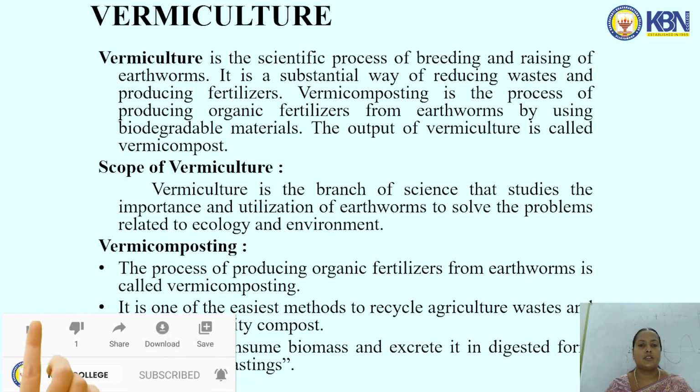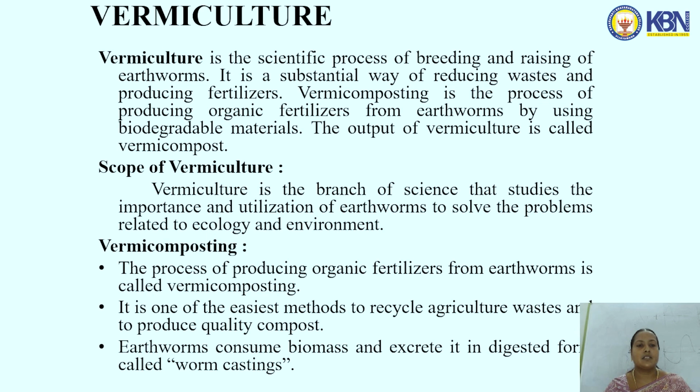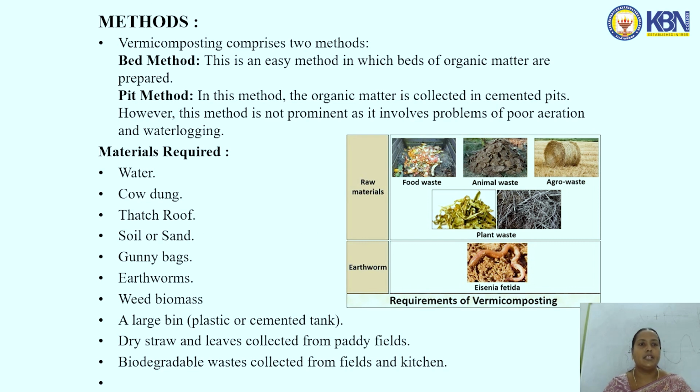Vermicomposting. The process of producing organic fertilizers from earthworms is called vermicomposting. It is one of the easiest methods to recycle agriculture waste and to produce quality compost. Earthworms consume biomass and excrete it after digestion, called worm casting. Methods.